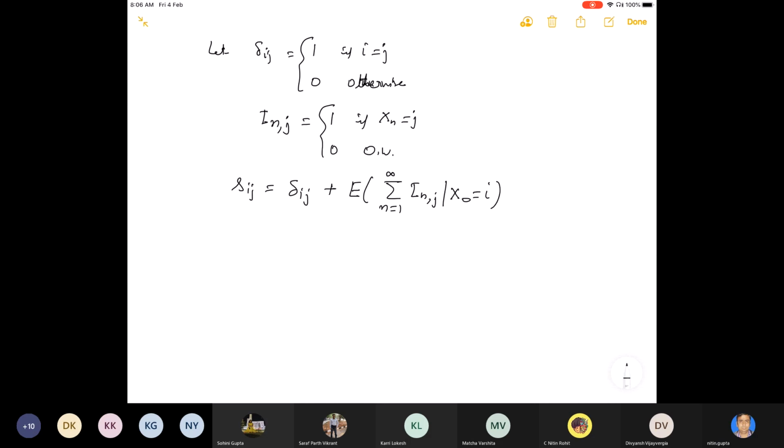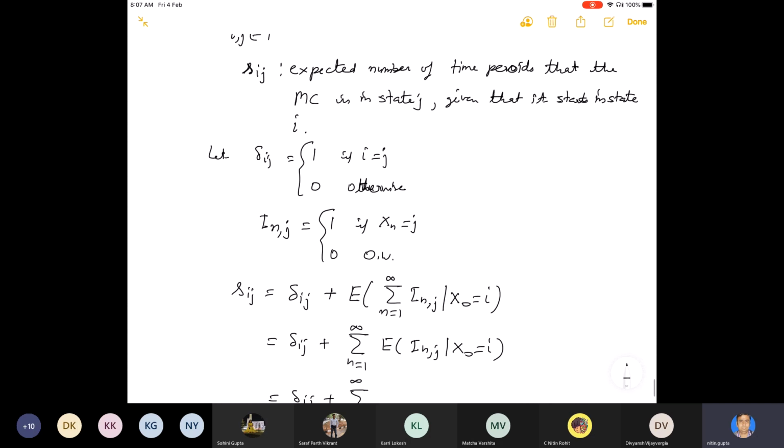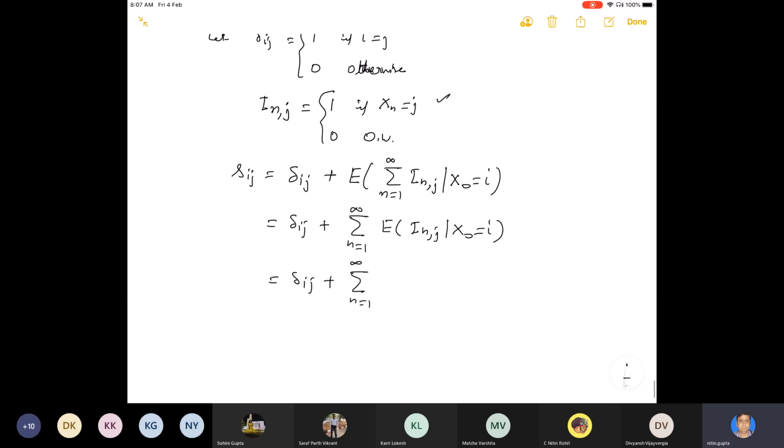Now this will be delta ij plus summation n from 1 to infinity of the expected value of I_n,j given X0 equal to i, because we can take the expectation inside. This is equal to delta ij plus summation n from 1 to infinity, but I_n,j is 1 if Xn is equal to j, 0 otherwise.